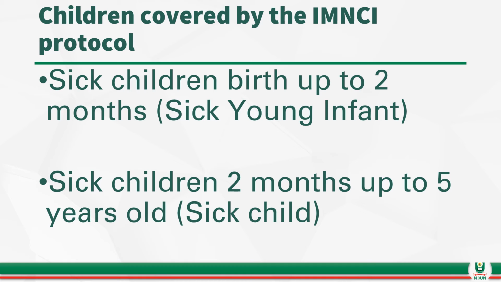Who are the children that are covered by the integrated management of newborn and childhood illness protocol? Sick children generally, from birth up to 2 months of age, young infants, and then sick children from 2 months up to 5 years of age.